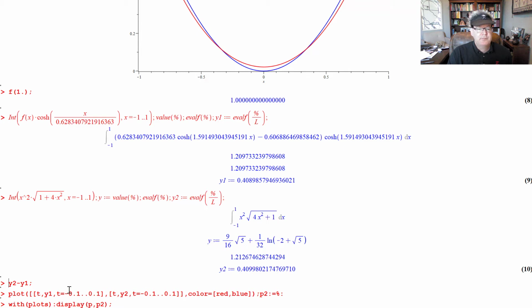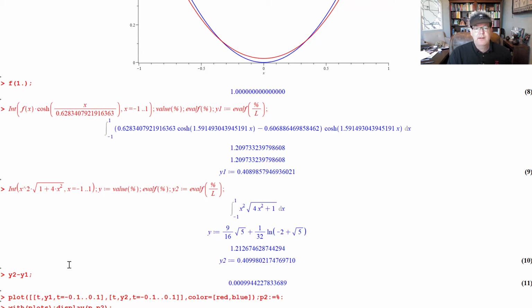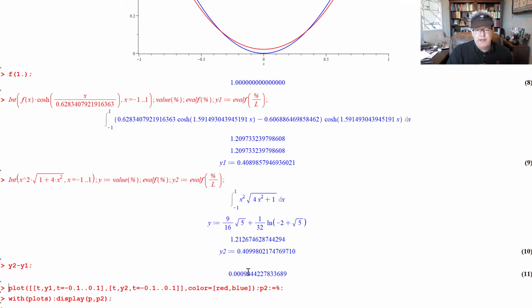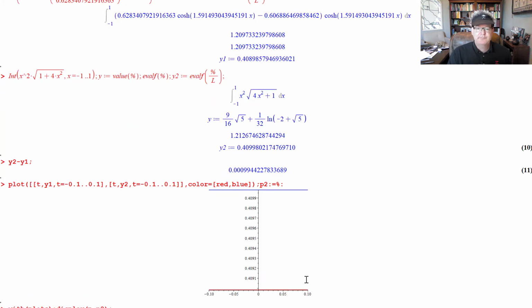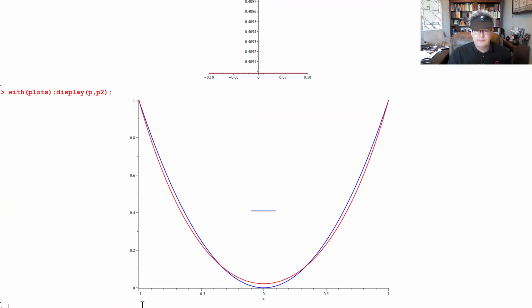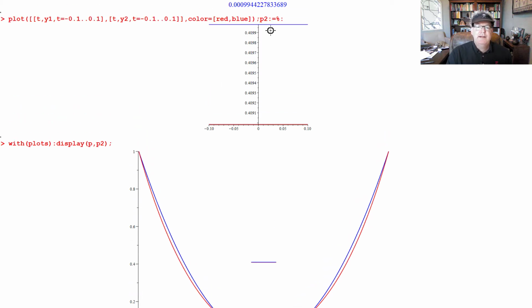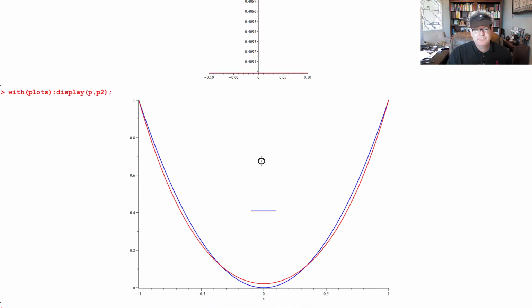In fact, if I subtract the two, this is how much higher the parabola is than the hyperbolic cosine, so it's actually not too much. And if I plot them, well, if you zoom in, it looks far, but unlike with the absolute value, now they're one on top of the other. But the red is a little lower than the blue. If you zoom in enough, you would see that. So that's the average y value. This gives us center of mass.